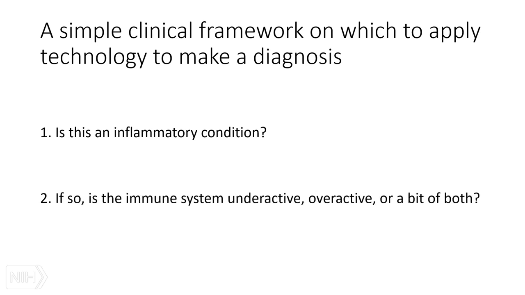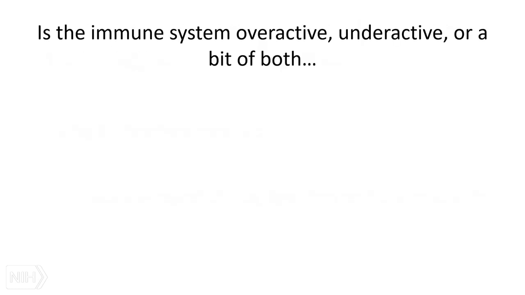If you have established it is truly inflammatory, is the immune system underactive, overactive, or, more than likely, a bit of both? If you come to the conclusion that there's really inflammation going on here, don't forget that many of the autoinflammatory diseases that we as rheumatologists look after are now overlapping with proper immune deficiencies. In other words, there may be an underactive immune system with immune dysregulation driving autoinflammation.